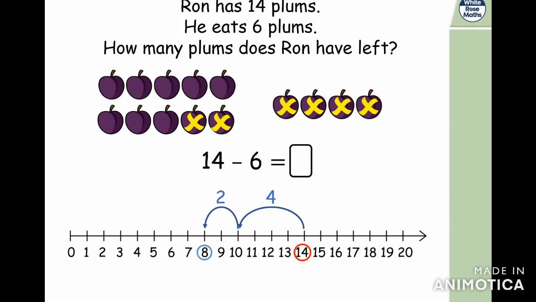Another jump of 2 gets me to 8. I have 8 plums left. Or Ron does, anyway. That's more efficient, isn't it, than counting off 1 plum at a time, jumping to that nearest 10, and then doing another jump afterwards.